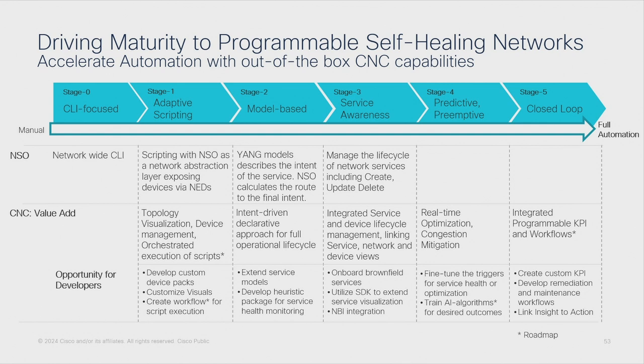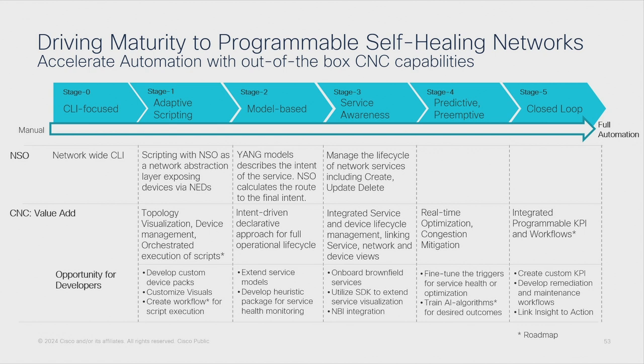Starting at stage 0, really starting with CLI focused. When you use NSO, you can see NSO as a network-wide CLI. We all know about that. And if you don't use NSO at that stage, you typically maybe do something we call adaptive scripting in stage 1, where you're starting to understand how to make choices, selections and decisions in a very simple way.